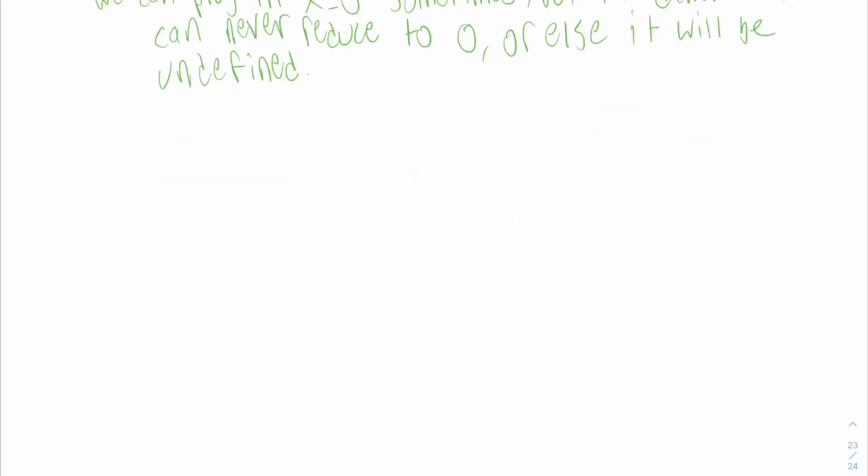So let's just go ahead and do an example. The point of today's lesson is to simplify them, so let's simplify. Example 1: 6x plus 12 divided by x plus 2. We're going to simplify. If we're going to simplify, that means we're going to reduce.